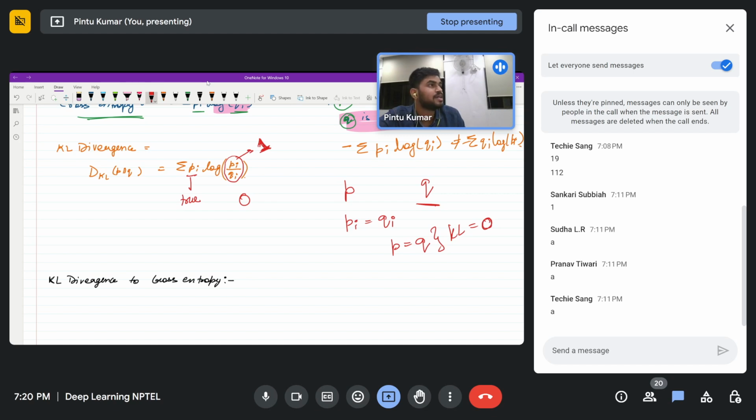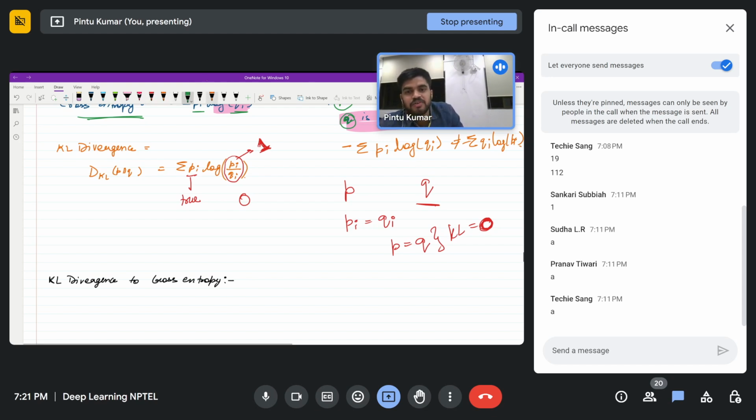Another thing is that when P equals Q, your KL divergence becomes 0. But one thing I want to make very clear is that this is not exactly a metric. This is what people call a divergence. So why is this not a metric?